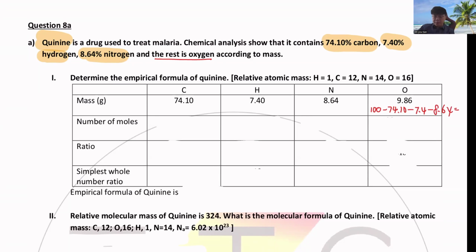You get the oxygen percentage as 9.86. Then find the number of moles, divided by 12 for carbon. Be careful. It's also the same thing: the calculation will affect all the results below, so you need to make sure you calculate correctly.